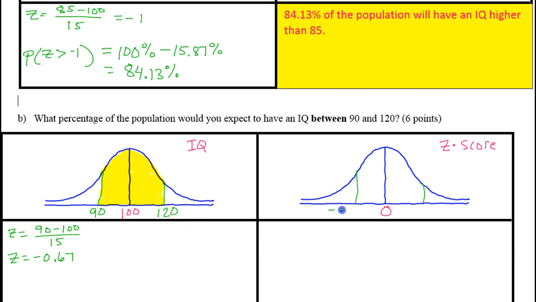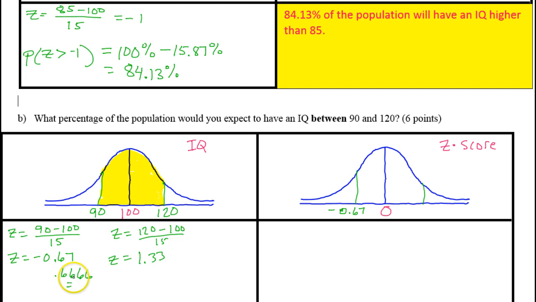So I have negative 0.67 right here. Let's find this z-score. So again, we'll do the specific value minus the mean divided by the standard deviation. And I'm just going to put that in my calculator. That is 1.33. By the way, this was negative 0.666 repeating.